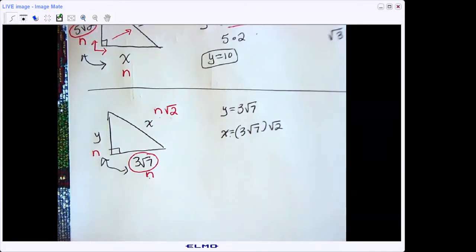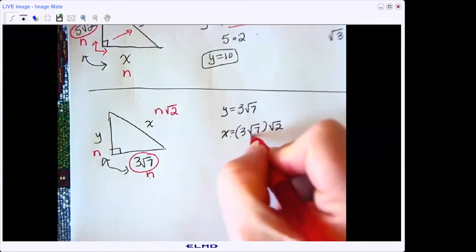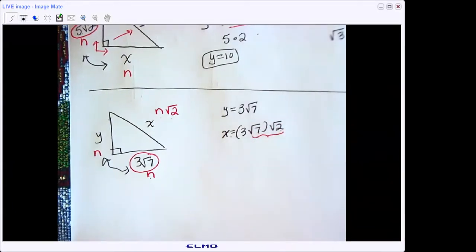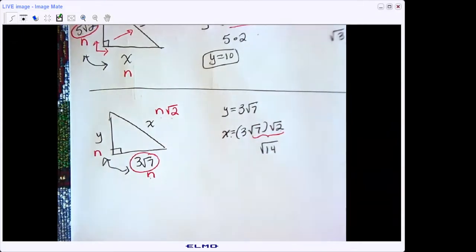And what do I get when I multiply those? Is it 14? We're gonna do outside numbers with outside numbers and inside numbers with inside numbers. Because the 7 and the 2 are both inside, we're gonna multiply those together, and we'll get root 14.